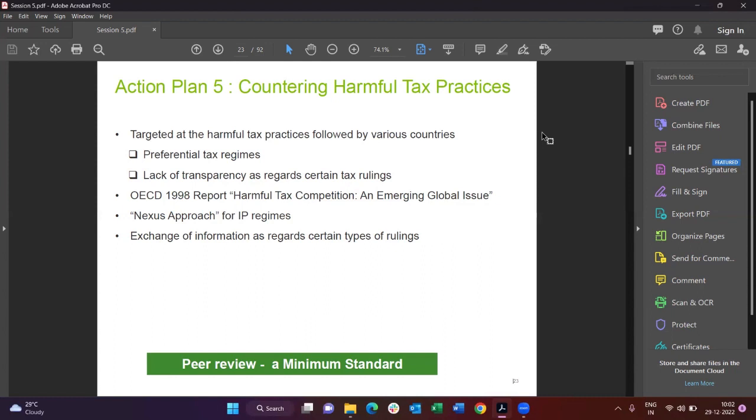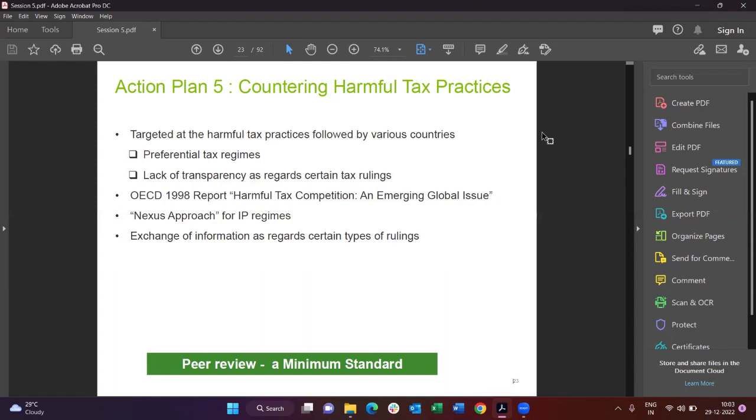And they brought out this nexus approach for IP registries. For intellectual property, we shouldn't see where the legal ownership is. It should be determined based on some factors and where the research and development activities are conducted. Intellectual property companies were engaging in such practices. They were registering the legal ownership of IP in one country with a very low tax rate or nil tax rate, like we saw in the case of Starbucks, as Latte Ganesh was explaining.